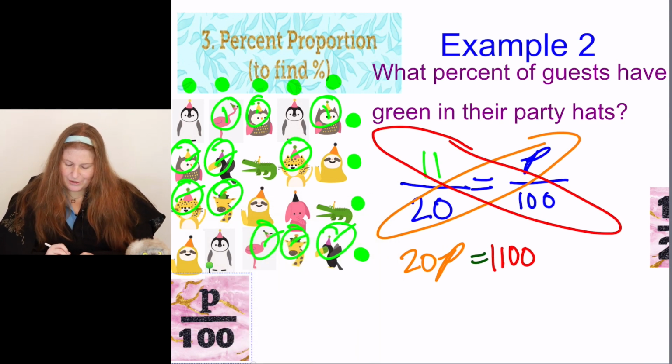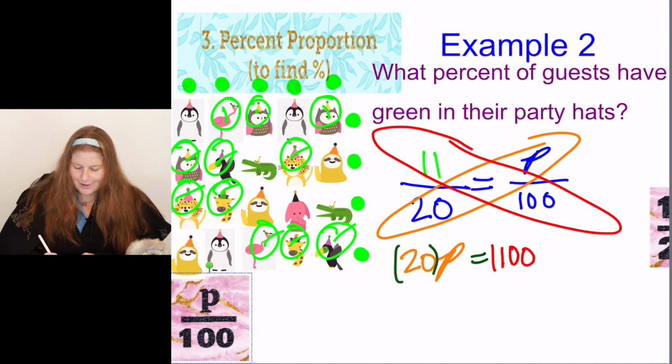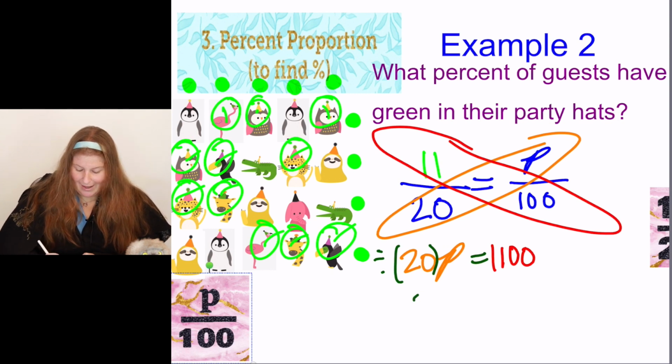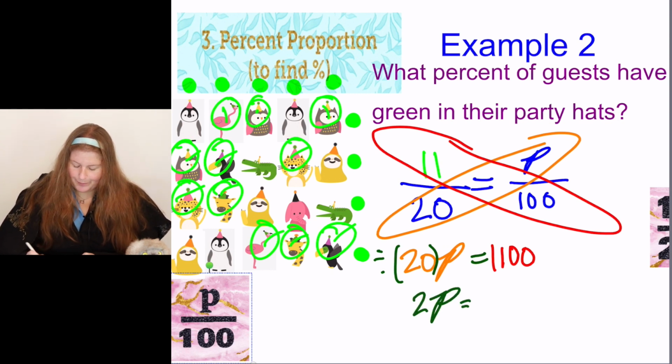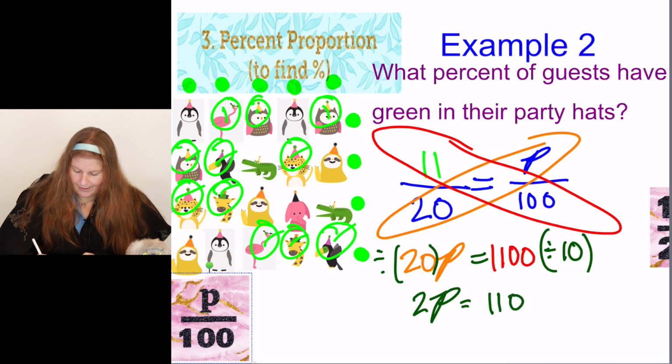The first thing I'm going to do, which looks really easy, is to divide both sides by 10, because I see that both sides are evenly divisible by 10. So I'm going to divide 20p by 10 groups. I would get 2p in each group. And then 1100 divided by 10 would be 110.